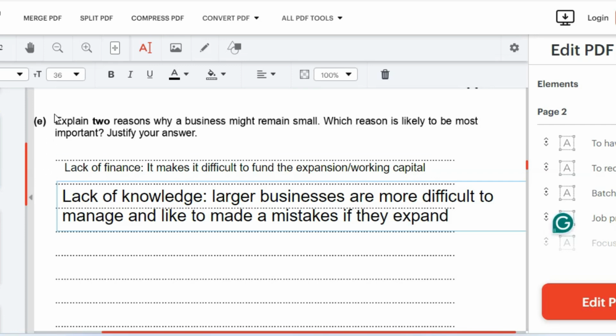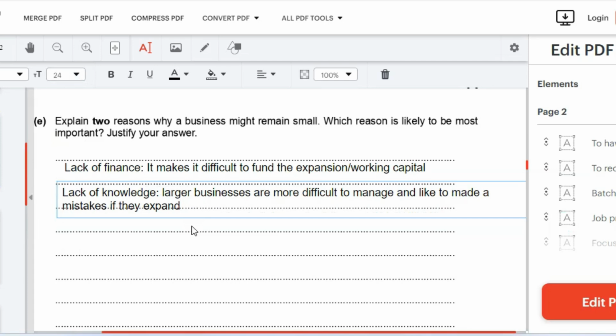Of course, when there is no knowledge of the business, it might lead to difficulty in managing and also allow mistakes when expanding the business.